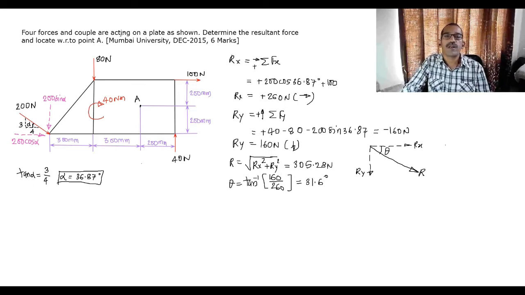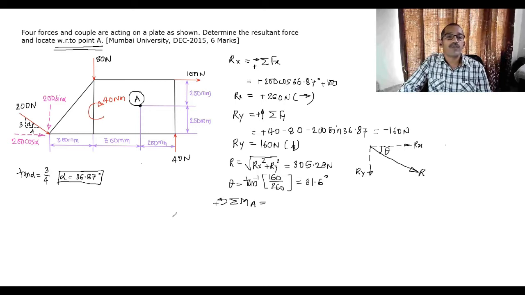Now you have to find this resultant. See, determine the resultant force and locate it with respect to point A. That means the position of the resultant with respect to A has to be found. So we'll take moment of all forces about point A to find the point of application of the resultant, taking anti-clockwise moment positive.